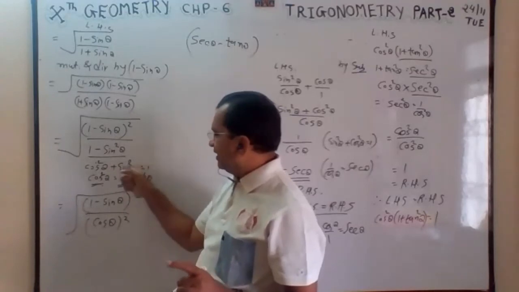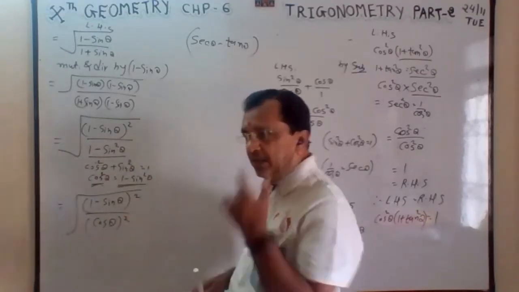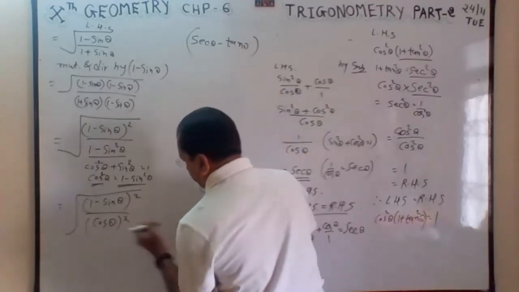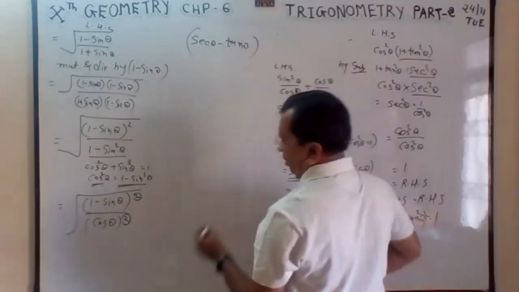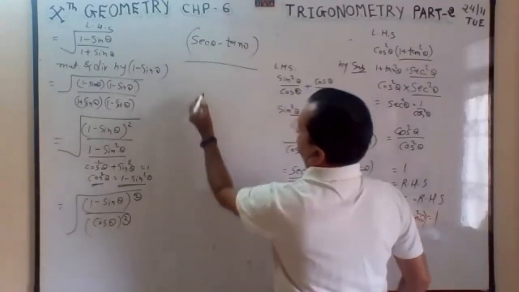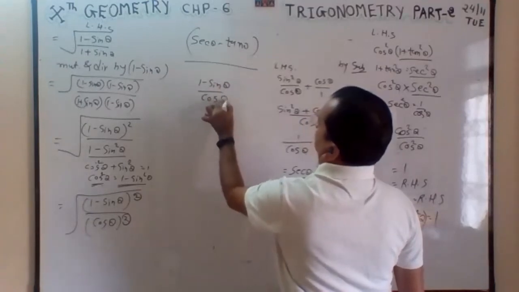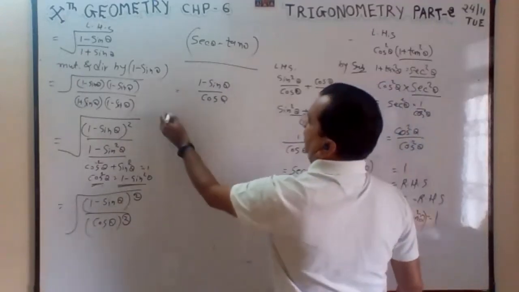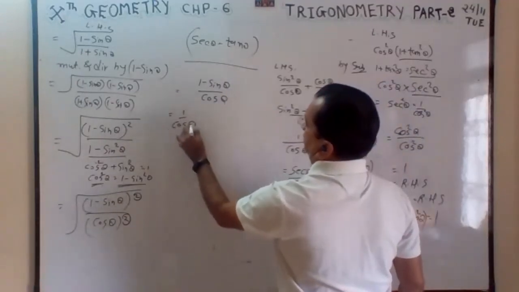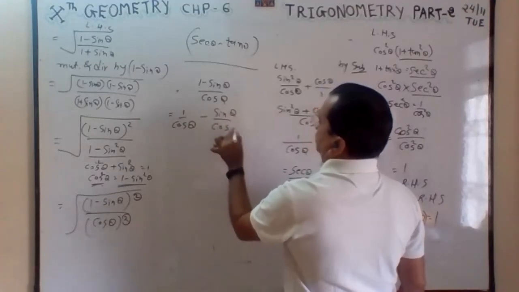So 1 minus sin square is equal to cos square, so I have substituted cos square. And now this is also square, this is also square, and this is a square root, so the root will be omitted. So it is 1 minus sin theta by cos theta. Now individually, dividing: 1 by cos theta minus sin theta by cos theta.